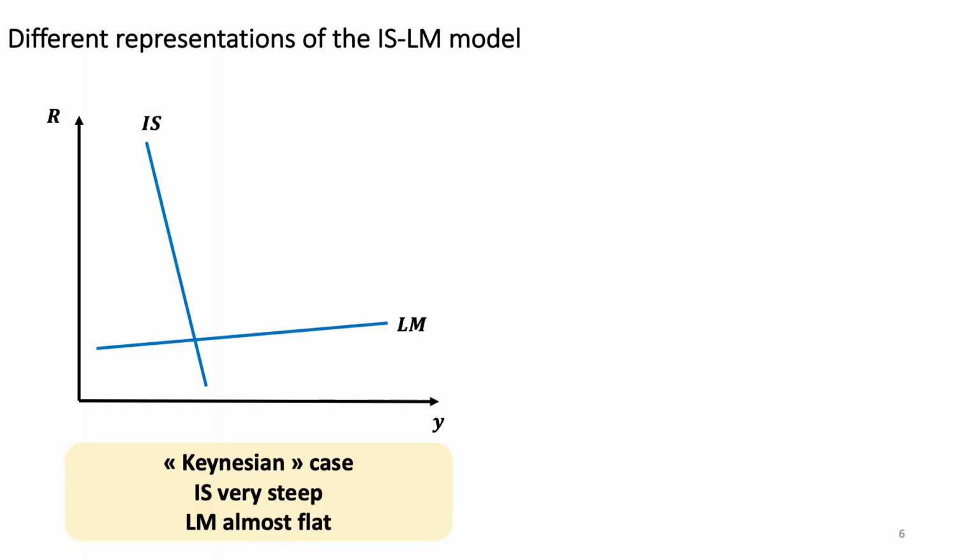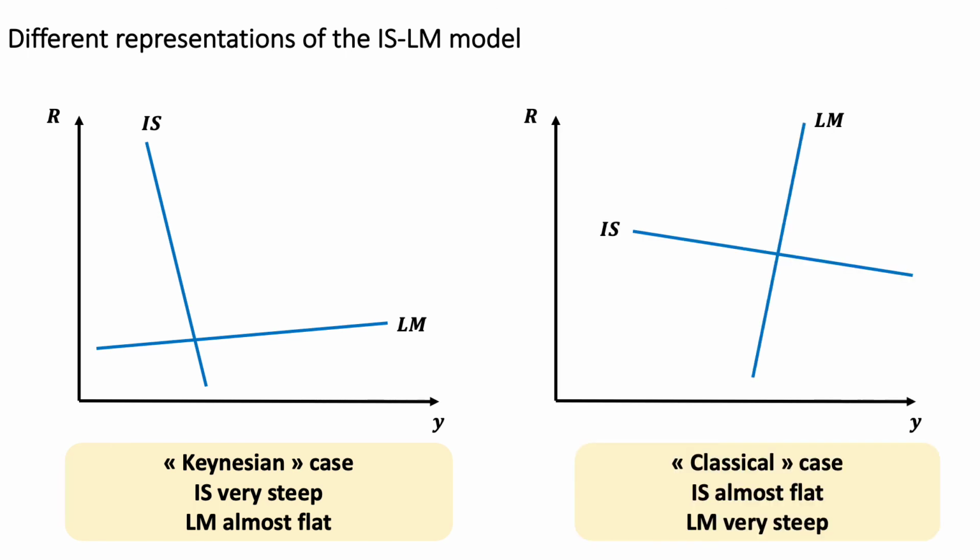Now, with our knowledge on the different extreme cases, we can represent graphically the two main schools of thought, classical on one hand and Keynesian on the other hand. In the Keynesian case, IS is very steep and LM is almost flat. In the classical case, IS is almost flat and LM is very steep.